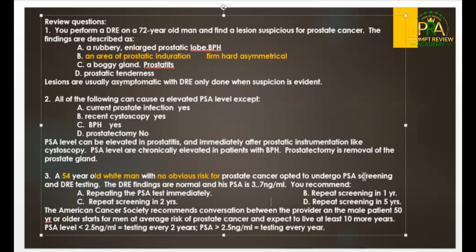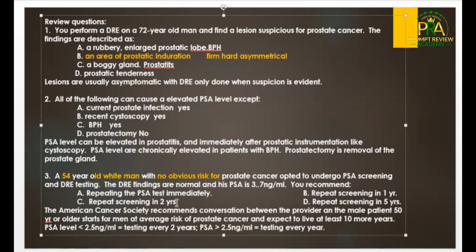To undergo PSA screening and digital rectal exam. The digital rectal findings are normal and the PSA is 3.7. So what do you recommend? If you remember my teaching on this, you can be able to answer this. Are you going to repeat the PSA immediately? No, because this is 3.7.